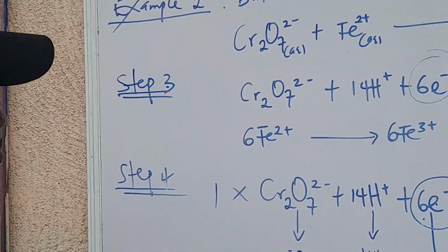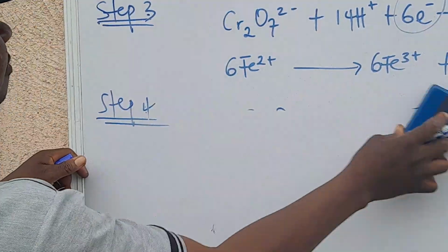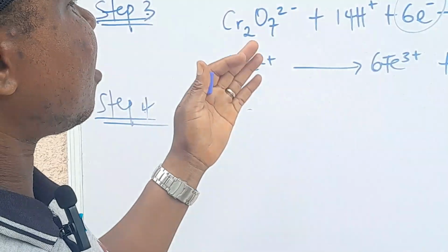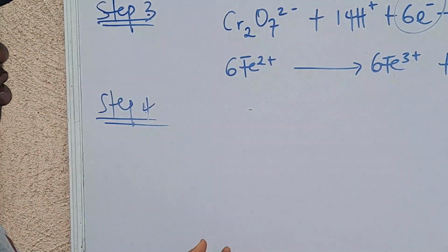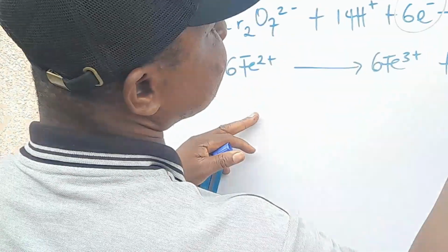Step number 4. In step 4, we are supposed to combine our products from step 3. We are combining equation 5 and 6 together so as to eliminate the electrons involved. Remember, reactant to reactant, product to product.